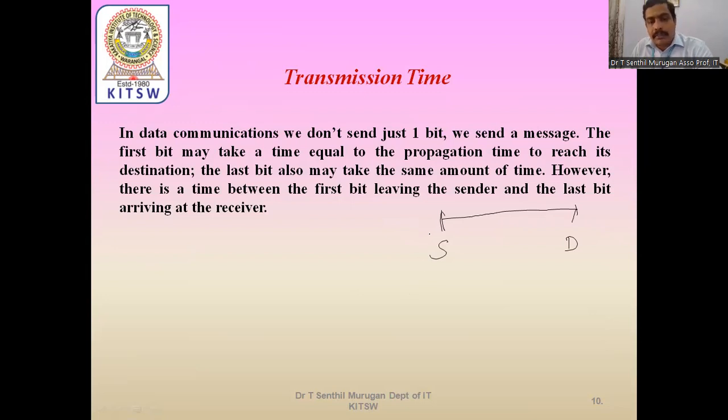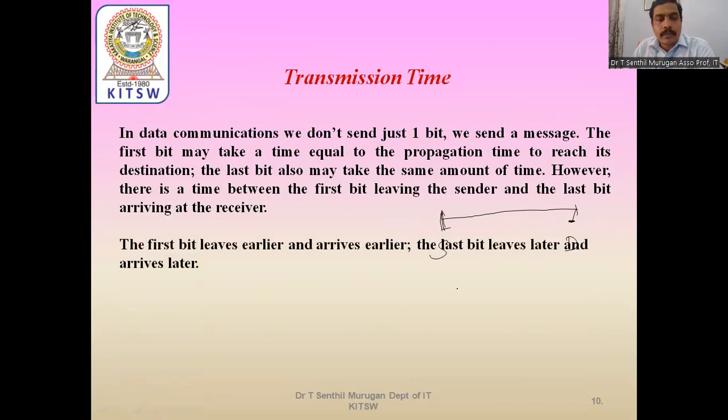However, there is a time between the first bit leaving the sender and the last bit arriving at the receiver. Here, when the first bit leaves the source, meaning it starts to send, and the last bit arrives at the receiver, this is the transmission time I already told. Okay. So the first bit leaves earlier and arrives earlier, the last bit leaves later and arrives later. We know that.